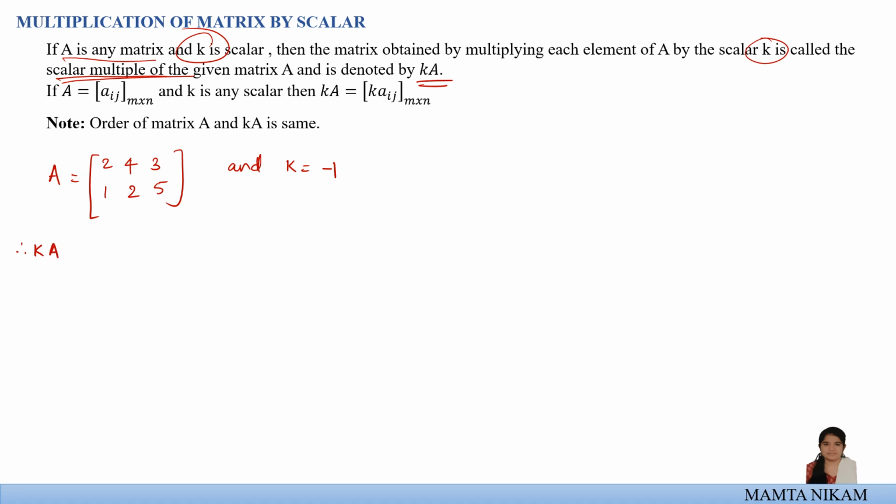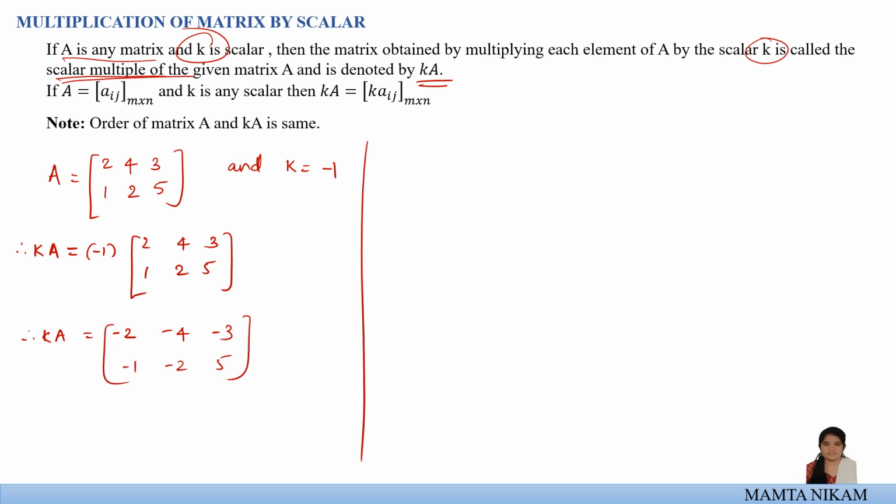It is denoted as KA. KA means -1 times [2 4 3; 1 2 5], meaning each element in this matrix will be multiplied by -1. So KA will be [-2 -4 -3; -1 -2 -5].